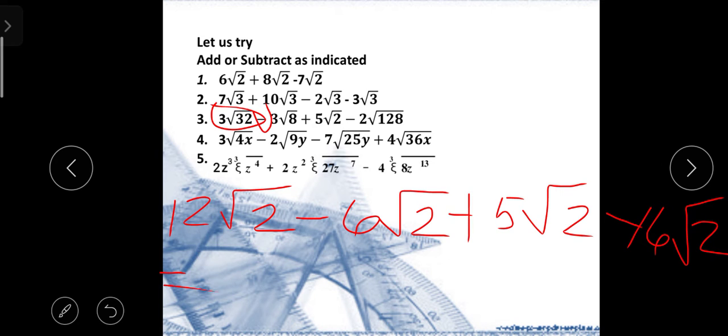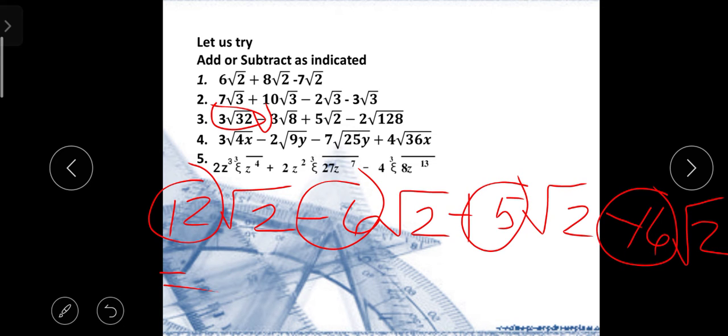So, since pare-pareho na siyang naka-square root of 2, pwede na natin siyang i-combine. So, we have positive 12, negative 6, positive 5, and negative 16. So, combine natin yung like terms, negative 6 and negative 16. So, we will get negative 22.